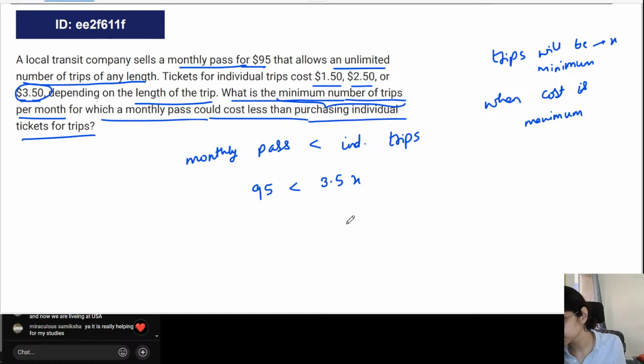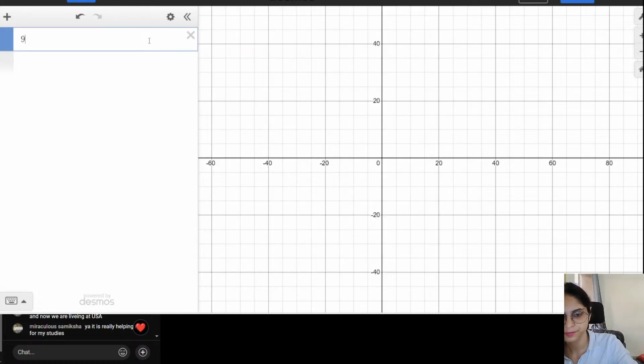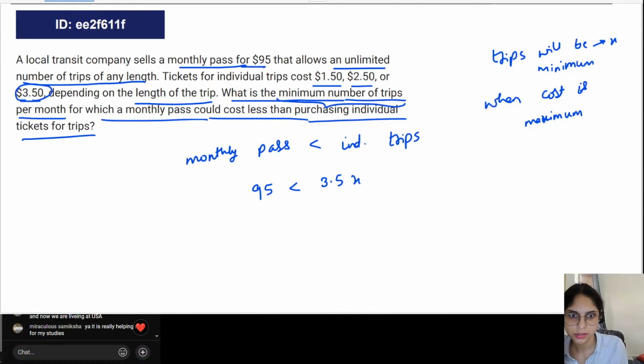So that is what we are going to put over here: 95 should be less than 3.5x.